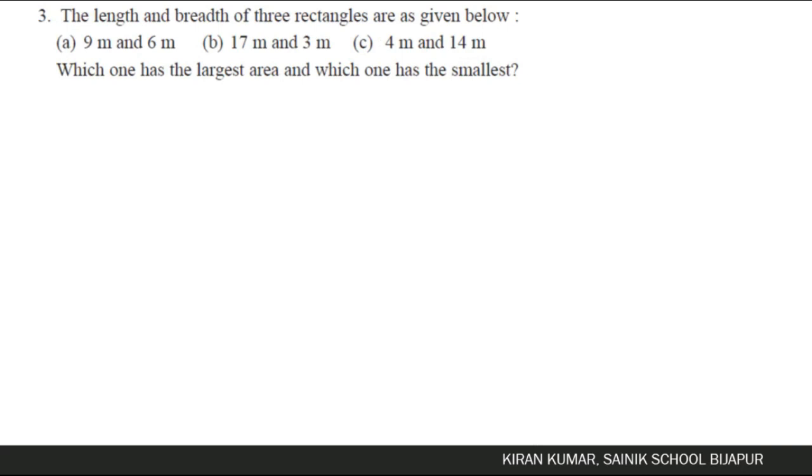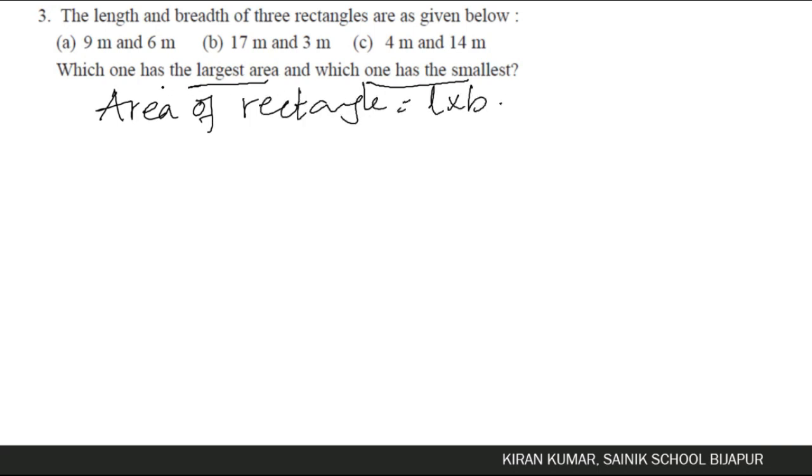Question number 3. The length and breadth of 3 rectangles are given below. You need to find out the one with the largest area and the one with the smallest area. You must know that area of rectangle is length into breadth. We will use that and find the area.